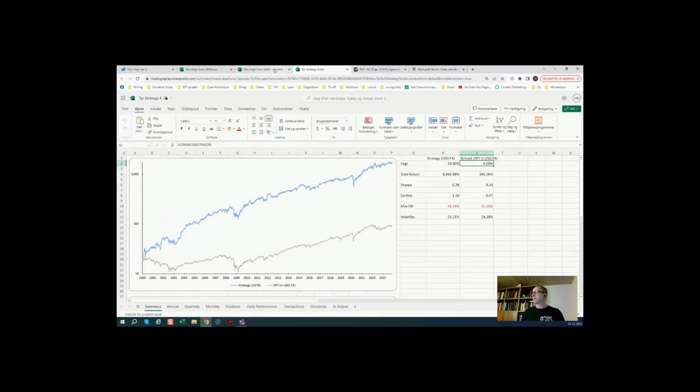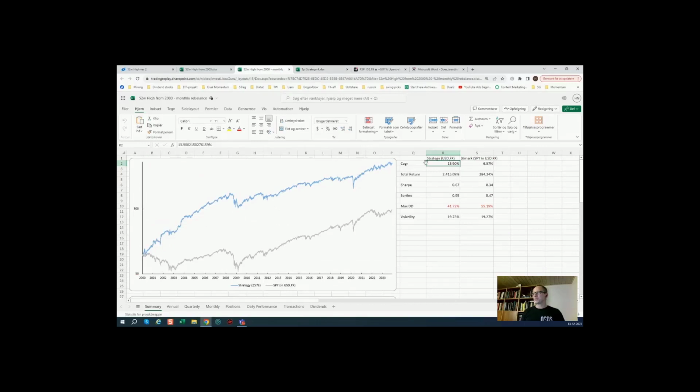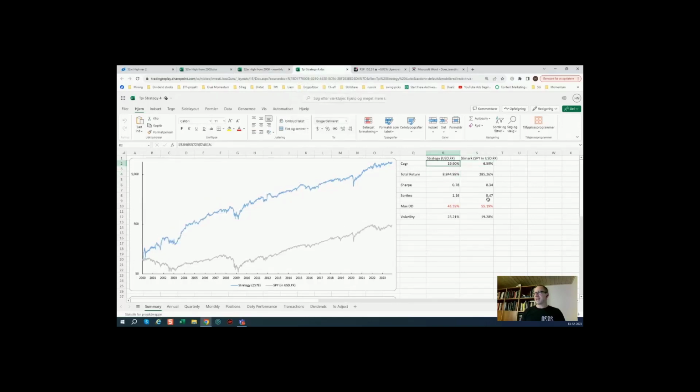And if we're looking at the strategy with the 52-week high just from before, 13.9%, that gave us 2,400% over 23-24 years. This, adding a 6% extra gain here on the CAGR, sent us from the 2,400 to 8,800% over the same number of years.